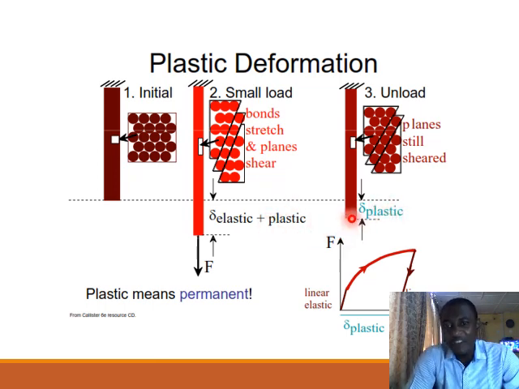So you now have a permanent deformation. What you now see is that the length of the final material, even though you have withdrawn the load, will now be higher than that of the initial. So you have incurred a plastic deformation in the material. This deformation is an offset from the original length of the material.